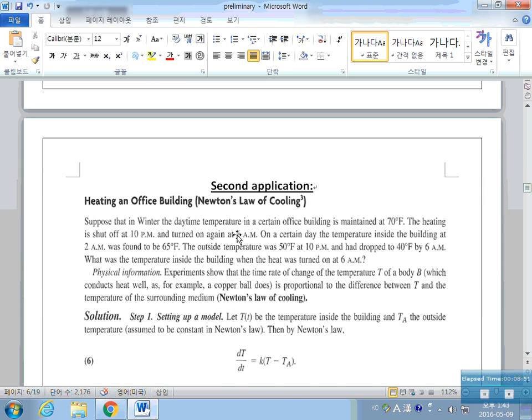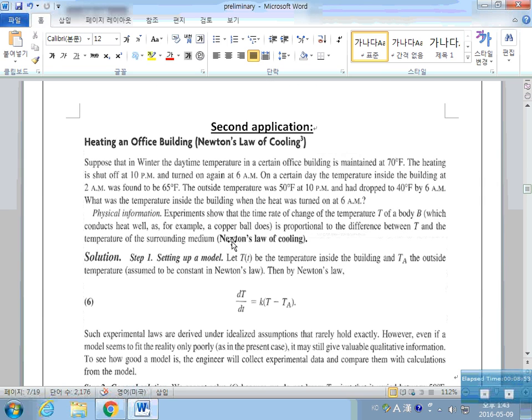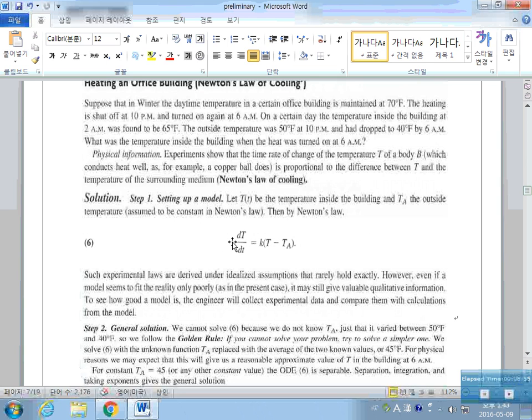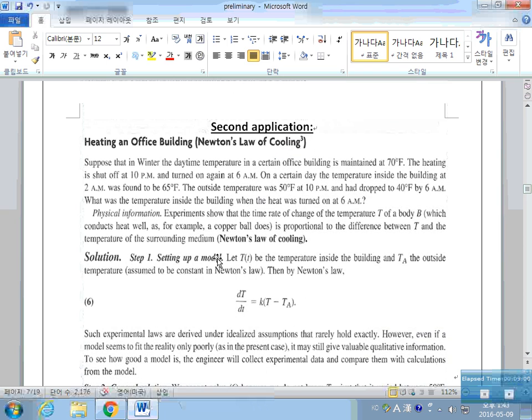Then there is another basic application of this. Suppose in our university building, we turn on or turn off the heating or cooling of our building. When we turn off the cooling of the building, it depends on the external environment, right?